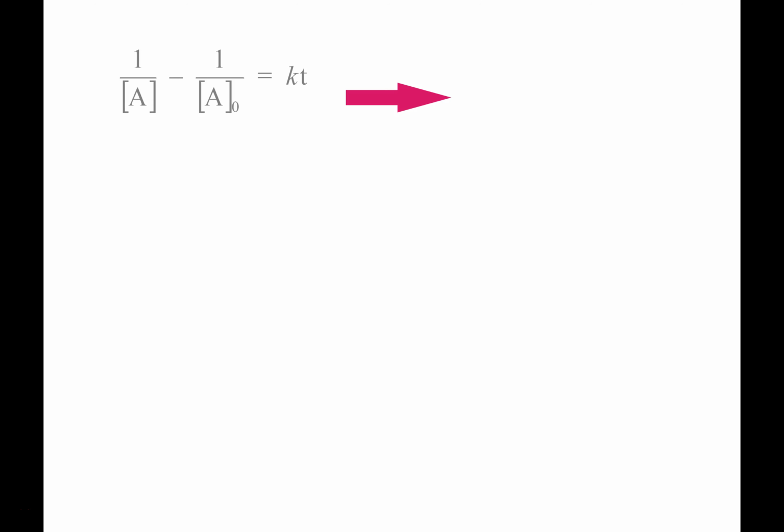Okay, so for the second one, we are given concentration and we're trying to find time. So we can rearrange this, and we can say that the time will be equal to quantity, the inverse of the rate law constant K, times quantity, the inverse of A minus the inverse of A0. Just rearranging it. But it never hurts to take your time. Make sure you get it right.